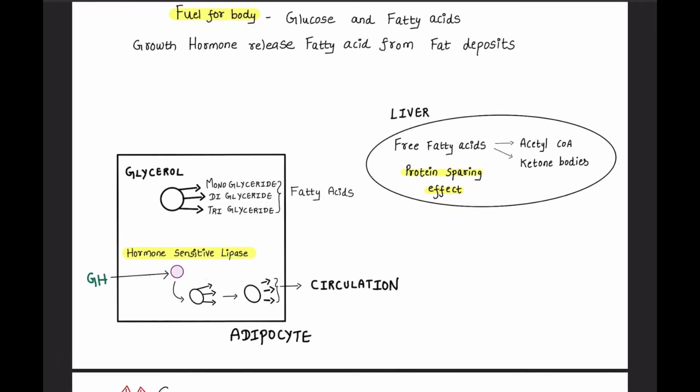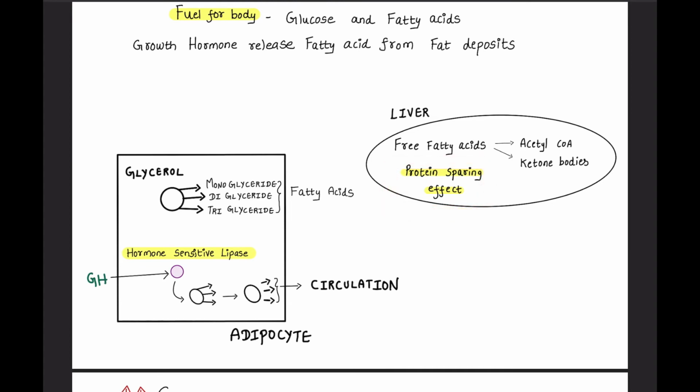So these free fatty acids are used for the energy instead of the proteins. This is known as protein sparing effect. Since the liver can use free fatty acids as the fuel for the body, it will spare or leave the protein as it is. So it is known as protein sparing effect.